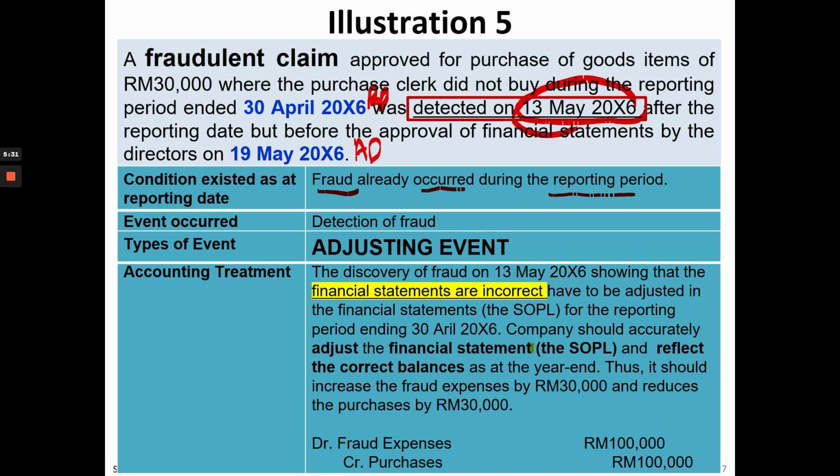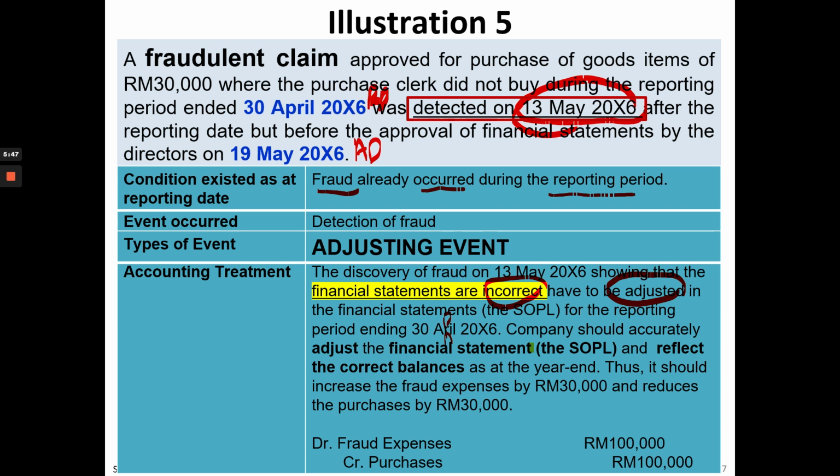Therefore, discovery of fraud in terms of accounting treatment shows the indication that financial statements are incorrect and need to be adjusted for the period ending 30th of April 2006.